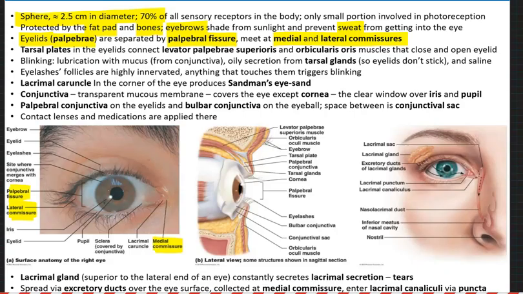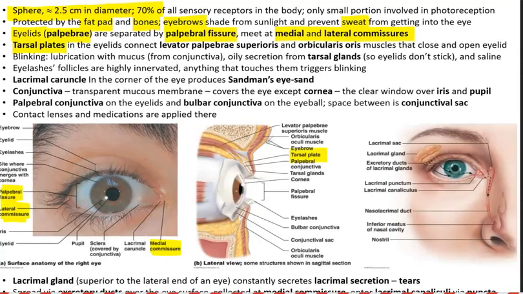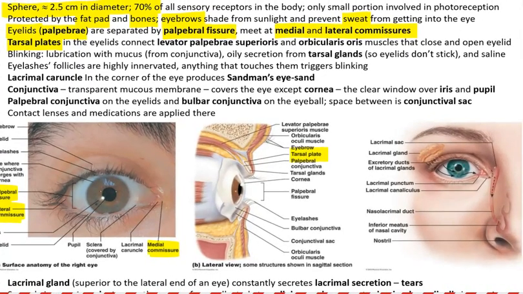Within your eyelids are tarsal plates. So tarsal plates, it's a small, tiny little bony structure. Okay, not even bony. No, it's more of a connective tissue structure. They connect the muscles such as levator palpebrae superioris and orbicularis, so you can open and close the upper eyelid.